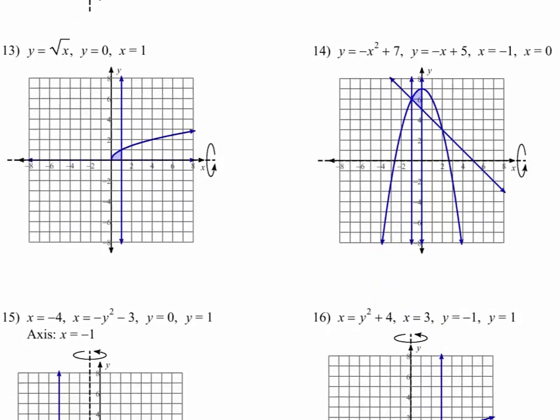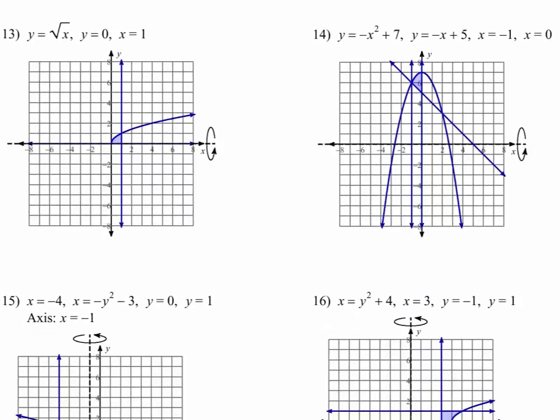Okay, problem number 13. Let's zoom this thing down. Okay, here we go. 13. We're right up against this axis. The axis is the x-axis, so this is going to be with respect to x. Okay, we are adding up circles, areas of circles, right? Dx from 0 to 1, and our radius is going to be the top, which is this, minus the bottom, which is our axis of rotation.